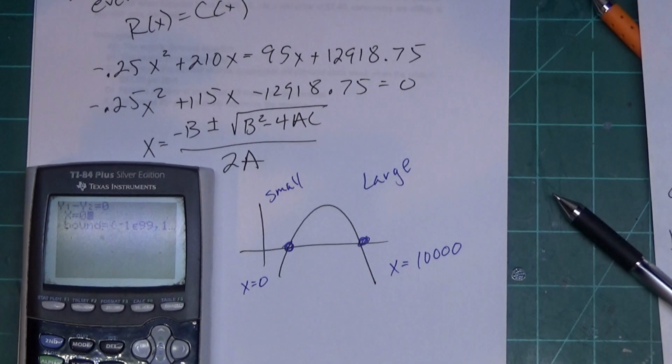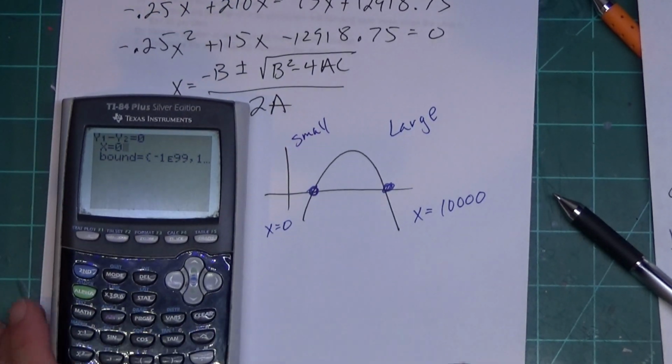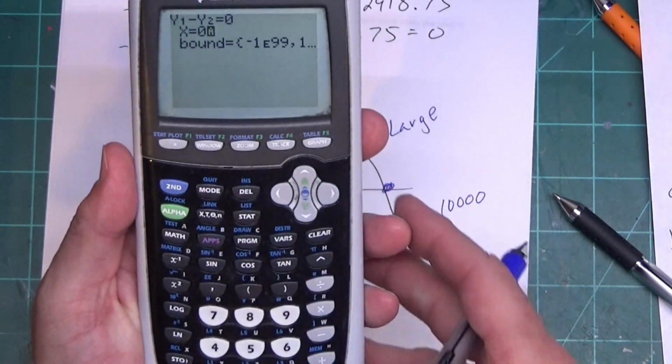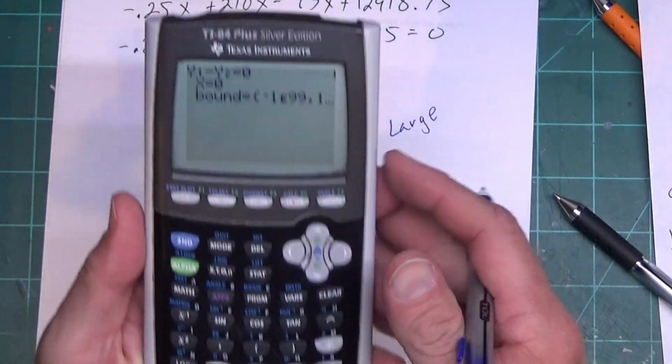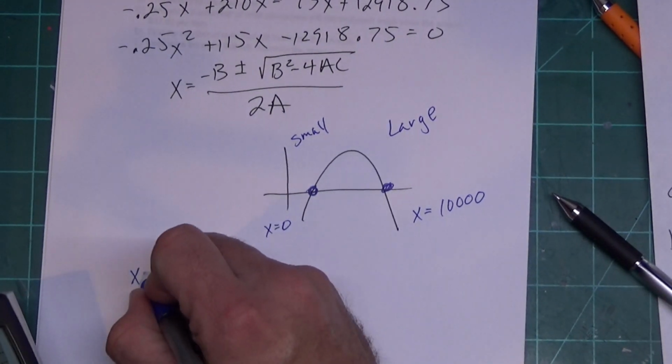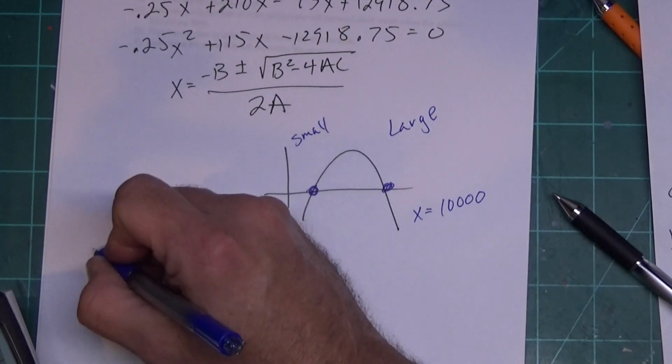So I'm going to type in 0 for X, and remember, to get it to solve, what you want to do from here is hit the alpha button and enter down here, and it'll solve it, and it tells me 195. So my break-even quantity on this side is 195.